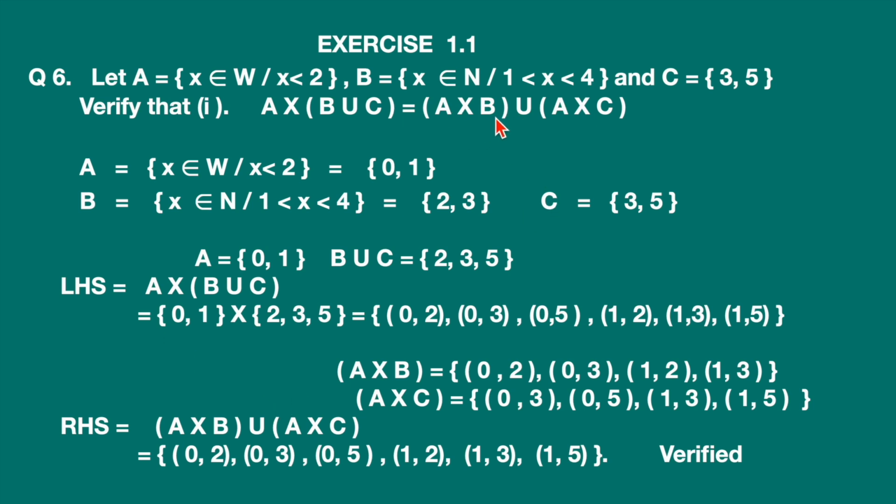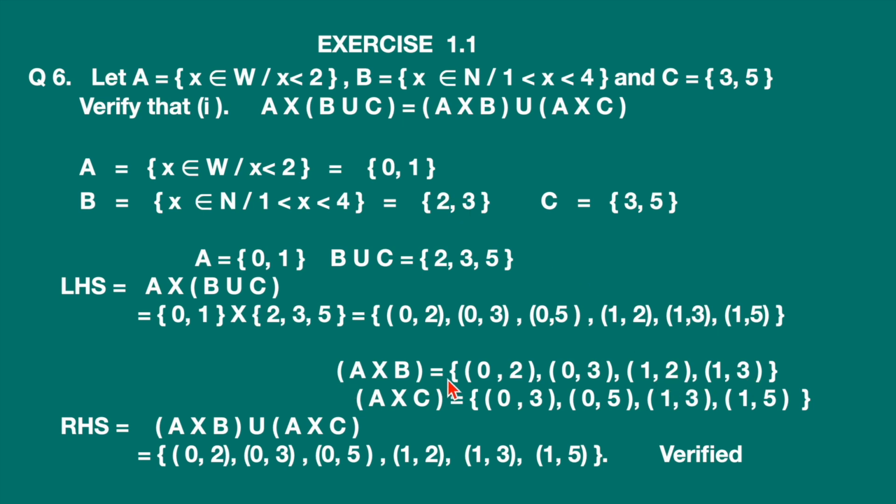Now let's go to the RHS. First let's find out A cross B and A cross C. Then we will do the union. A cross B. So A is {0, 1}. B is {2, 3}. Do the cross product of this. So you will get, put the curly bracket, (0, 2), (0, 3), (1, 2), (1, 3).